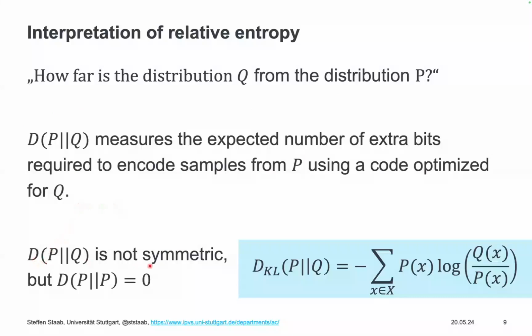The distance is not symmetric, but at least the Kullback-Leibler divergence between P and itself is 0. So you can easily check this. If you have here instead of Q of x, P of x, then you have P of x divided by P of x, which is 1, and the logarithm of 1 is 0. So the Kullback-Leibler divergence between P and P is 0.